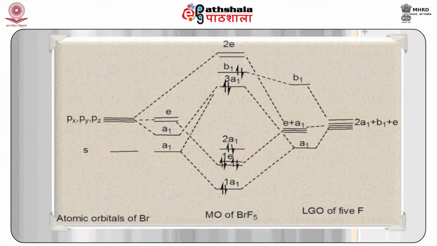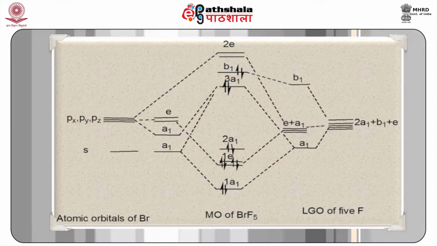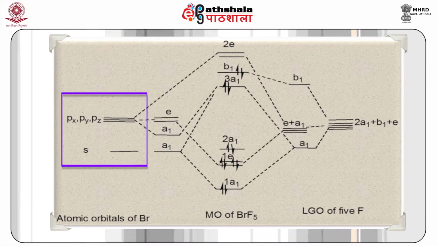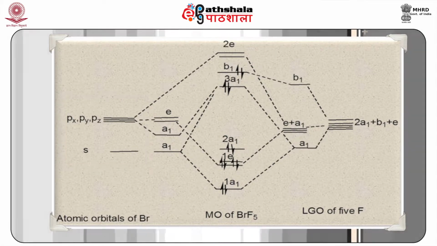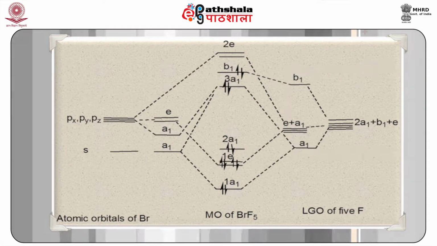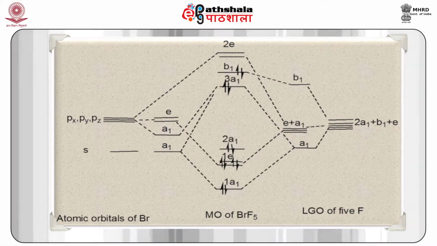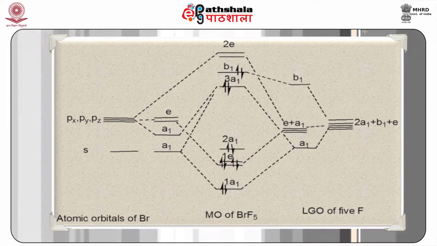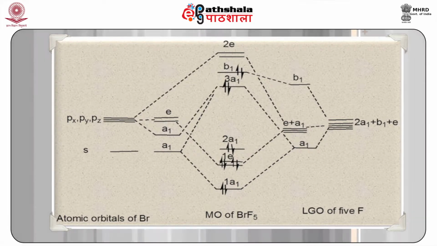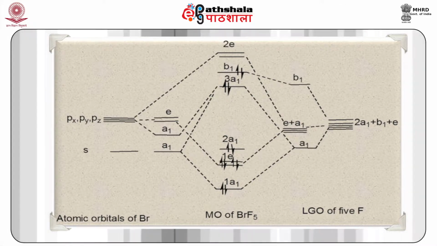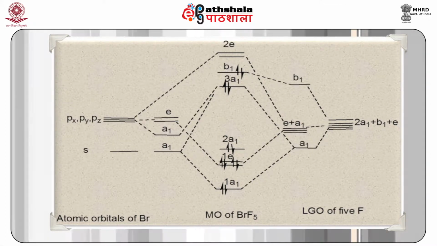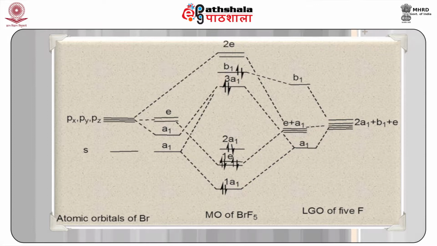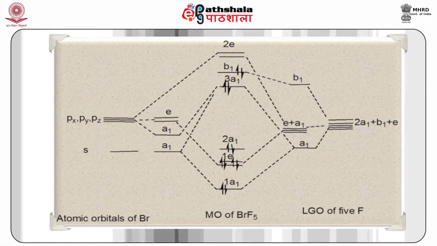The next step is to take the valence orbitals of bromine on the left-hand side and the LGOs of the 5 fluorines on the right-hand side, and we match them and draw the MO diagram of this molecule. Filling of the electrons in these MOs is done in a similar manner as in atomic orbitals. So, this gives us the MO diagram of the BrF5 molecule.